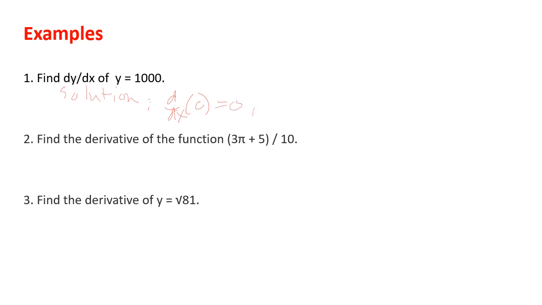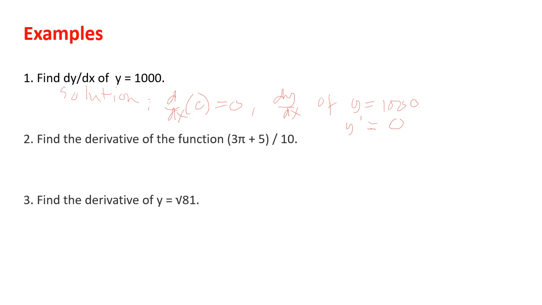So dy over dx of y equals 1000, y prime, equals 0 since 1000 is constant.